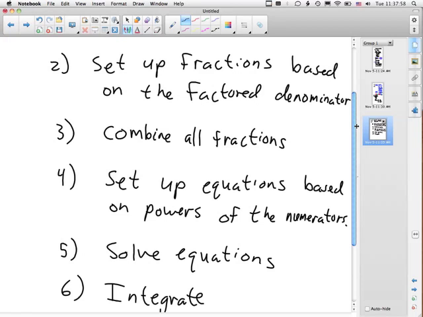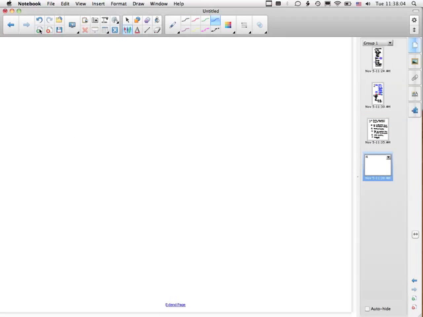Okay, let's look at a slightly more complicated one, but not that much more complicated. Let's look at x cubed plus 3x. That's not what we want to do. Let's look at 2x minus 1 over x times x squared plus 1 squared.